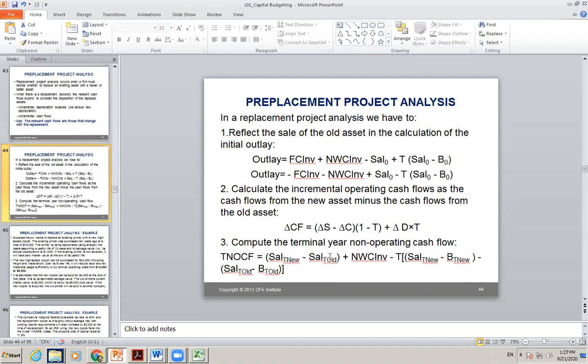Okay? Plus net working capital investment minus tax amount, salvage value of new machine minus book value of new machine, and minus salvage value of old machine minus book value of the old machine.